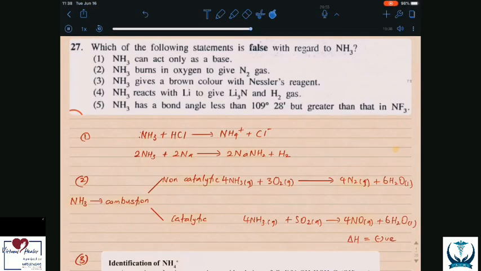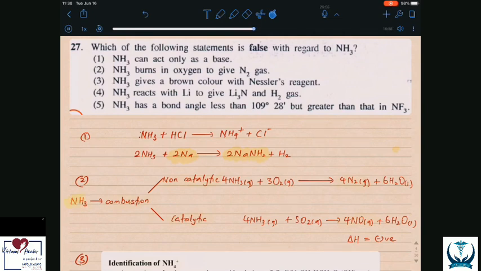The first statement of question number 27 is false because ammonia, although most of the time considered a base, can also have acidity in reaction with sodium and other metals, and it forms NaNH2 here.